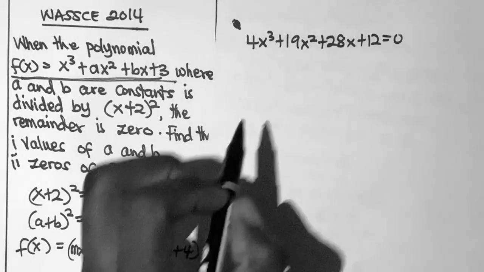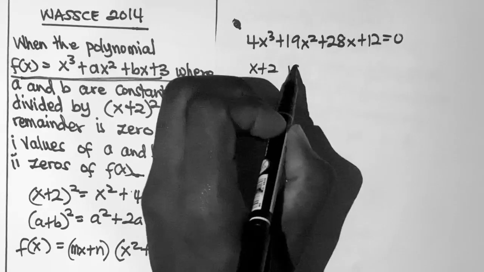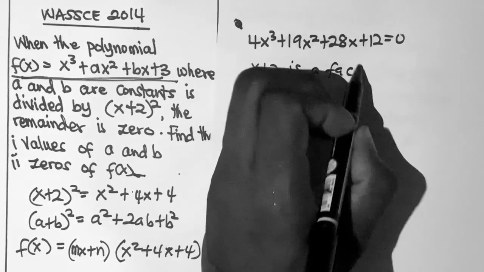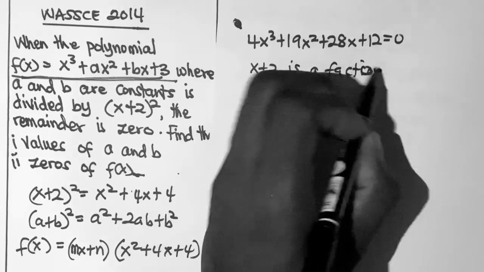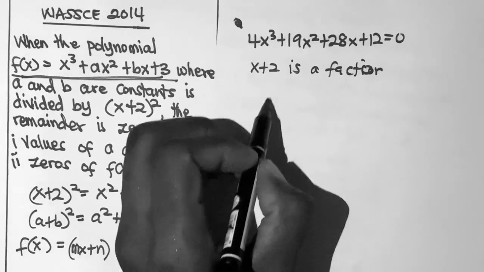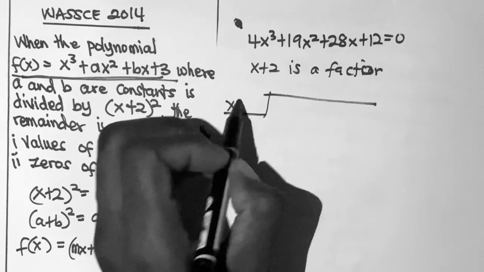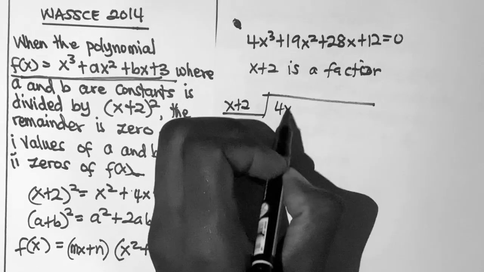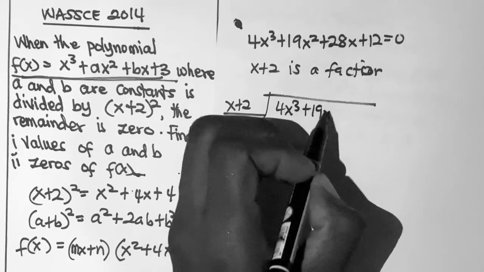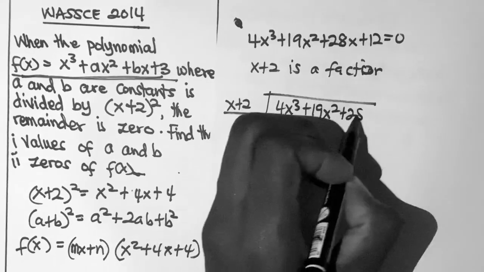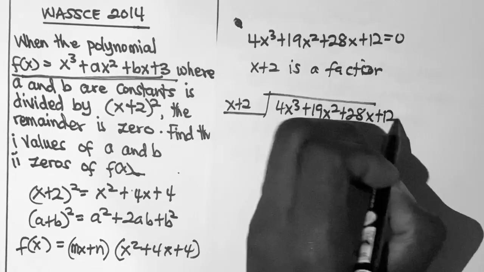But we know that x plus 2 is a factor. So what we need to do is to take this equation and divide by x plus 2. So we have x plus 2 here, and then 4x cubed plus 19x squared plus 28x plus 12.